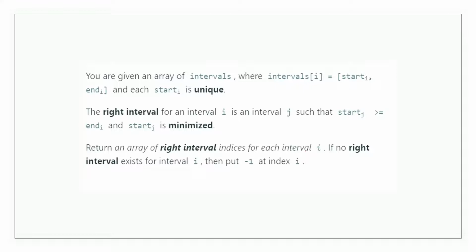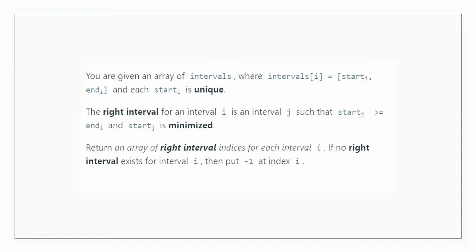So if I have an interval i, the right interval for this interval i would be an interval j. Interval j could exist before interval i in the array or after it, and the property j follows is that the start of interval j should be greater than or equal to the end of interval i, and start j is minimized.